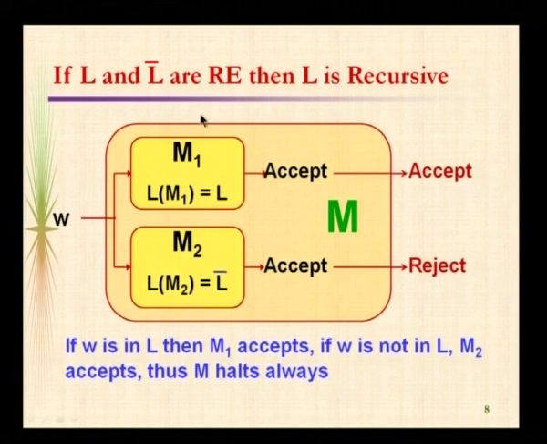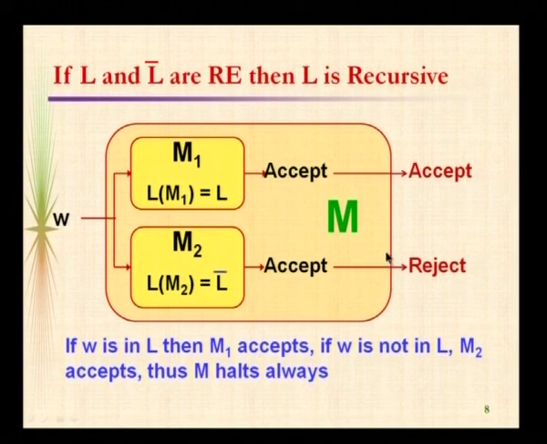Now let us see the whole Turing machine formulation. We have a Turing machine M, which is constructed out of two Turing machines M1 and M2. We know that M1 is constructed for L and M2 is constructed for L's complement, and the new Turing machine has both accept and reject outputs.